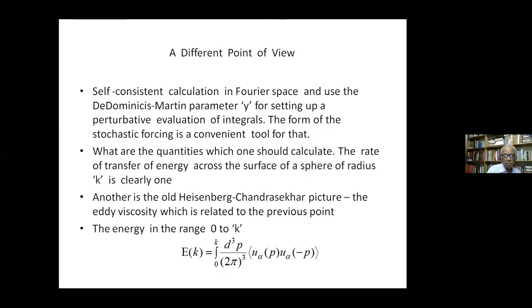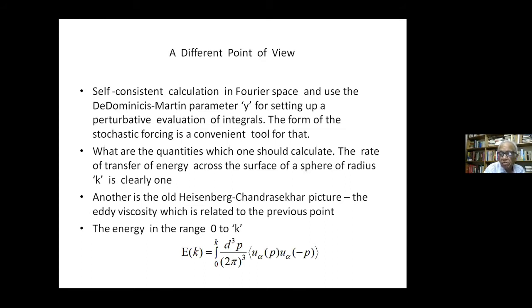So that is the point that I want to make, that the stochastic forcing as written down by de Dominicis and Martin is very useful because if diagrammatic perturbation theory is a tool which one wants to use, it orders the diagrammatic perturbation theory.